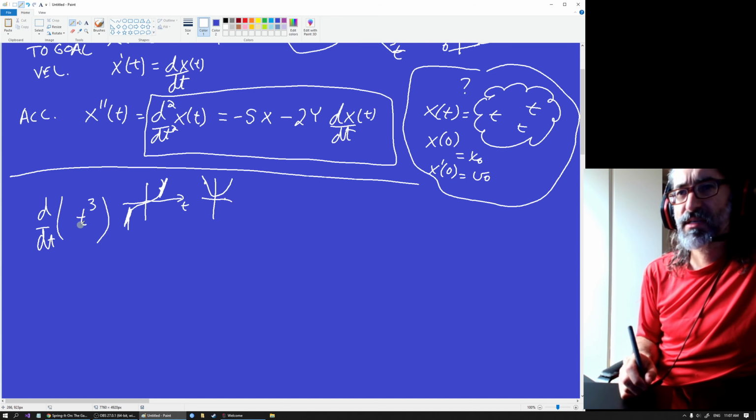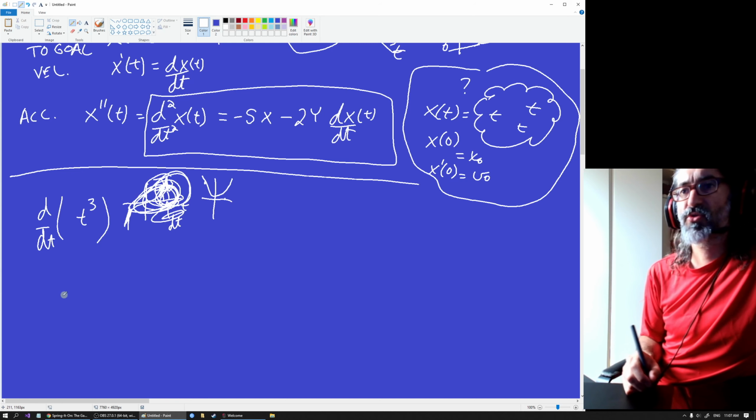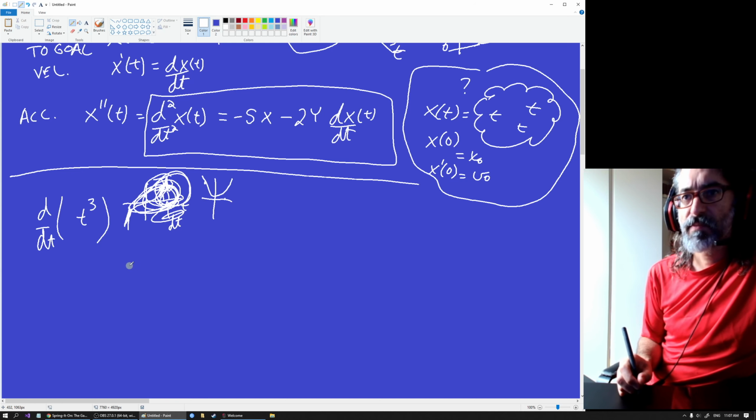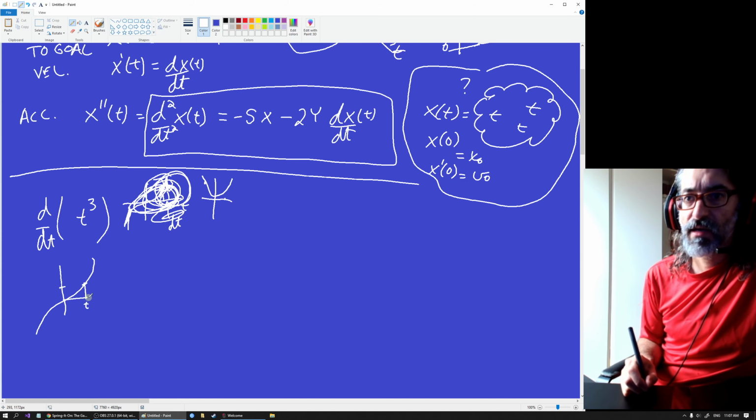But how did we find this again? What we actually want is a little dt here and a little change in height there, so the slope is this divided by this. It's the height at t plus dt minus the height at t. This is the worst drawing ever, so let's forget about it and just write things. We have t, and then t plus dt.